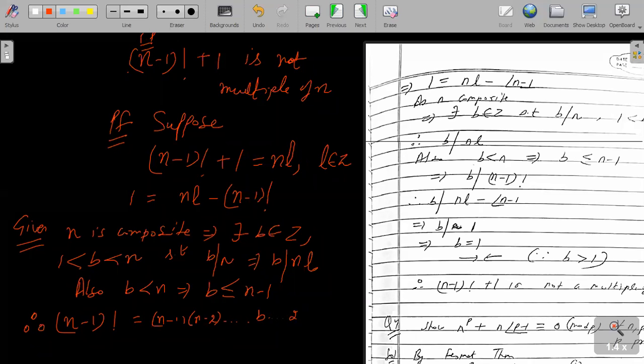Somewhere in between b will come. We will get some b in between because b is equal to n minus 1 or smaller than it. So n minus 1 factorial contains all the numbers in this range. Is it fine? Yes, ma'am.